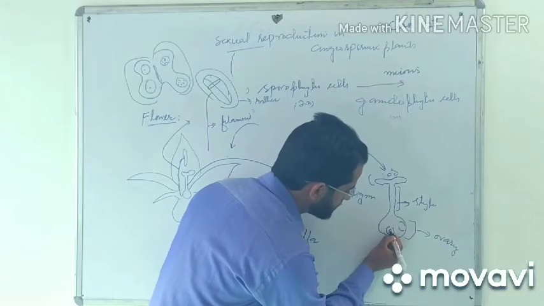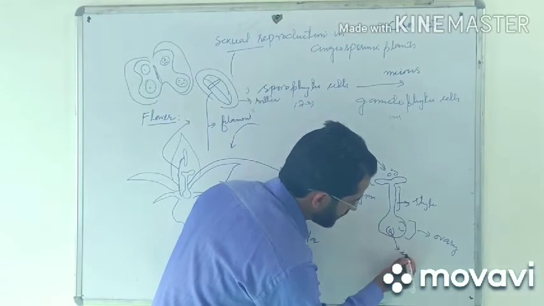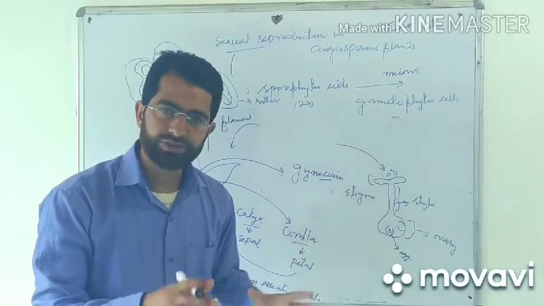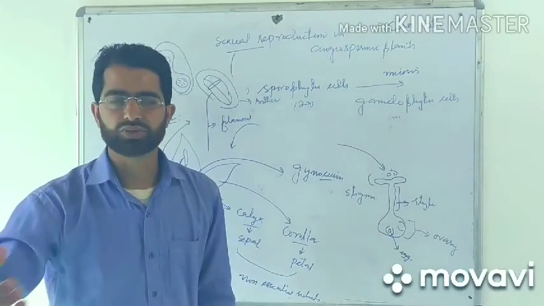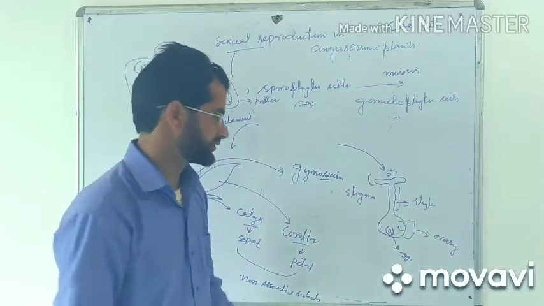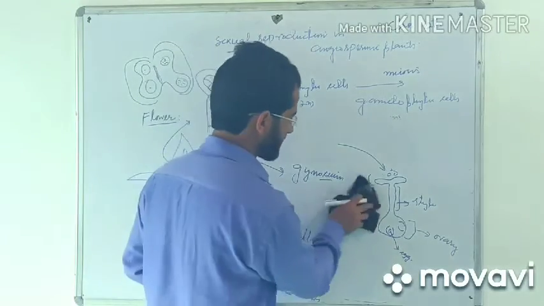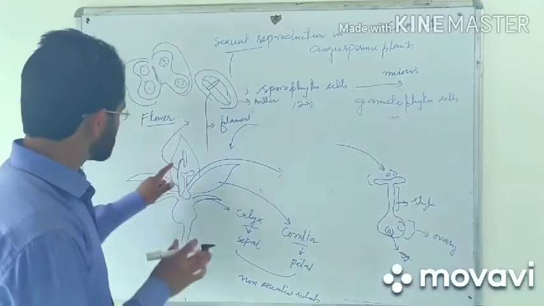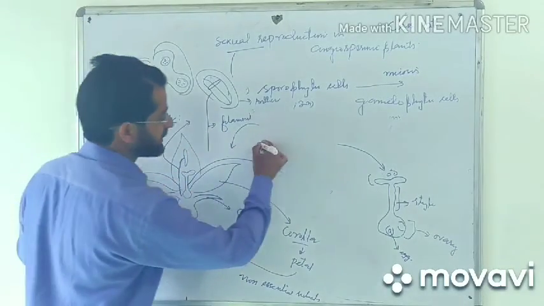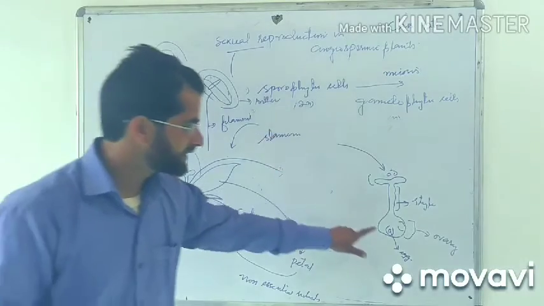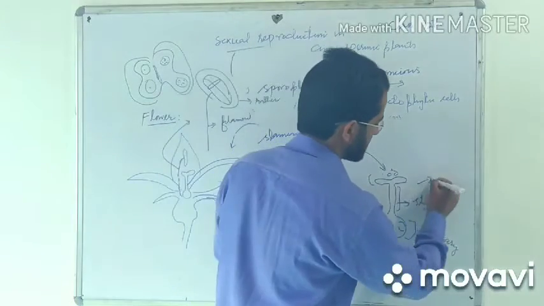And within these ovules there is an egg apparatus or egg cell. In some species there is a single ovule, but in some species there are 2 or 3 or even hundreds of ovules. The individual unit of androecium is known as stamen. In the same way, a single gynoecium is known as carpel.